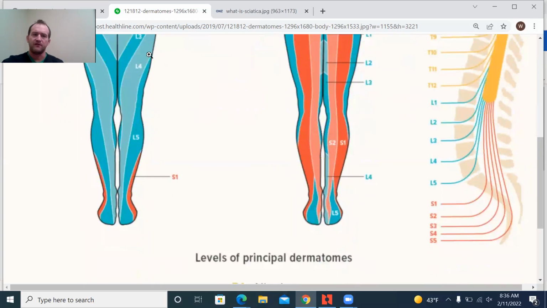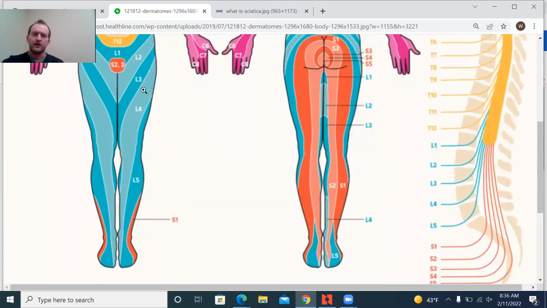Same thing for L4, one step down the chain. If you've got an L4 issue, you may have some discomfort in your knee, or you may have weakness to your knee, or some other presentation of symptoms, because L4 corresponds with the nerve root that supplies the front of the knee and some of the lower shin on the inside.